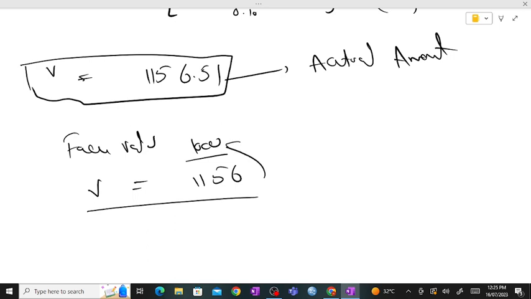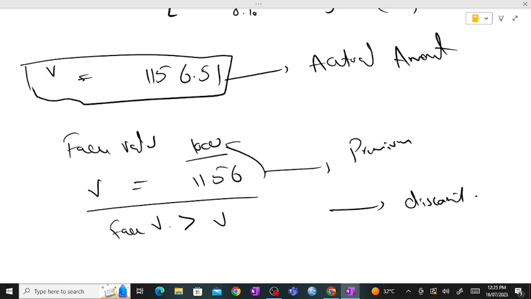So if it is trading at 1156 rupees while its face value is 1,000 rupees, you would say the intrinsic value or the market value is higher than face value, which means the bond is trading at a premium. But in the other case, if the face value is higher than V, then it's trading at a discount.